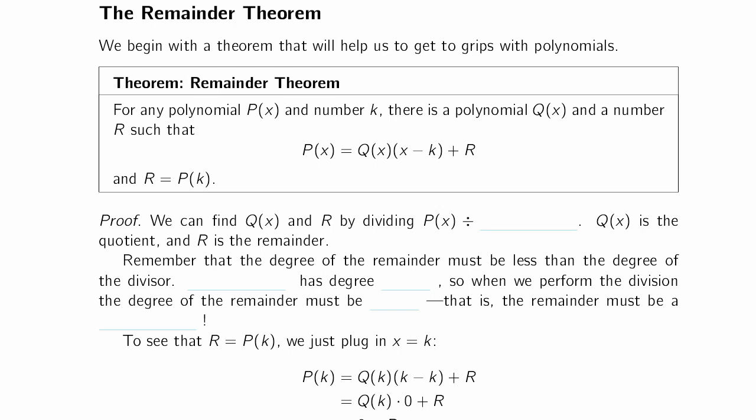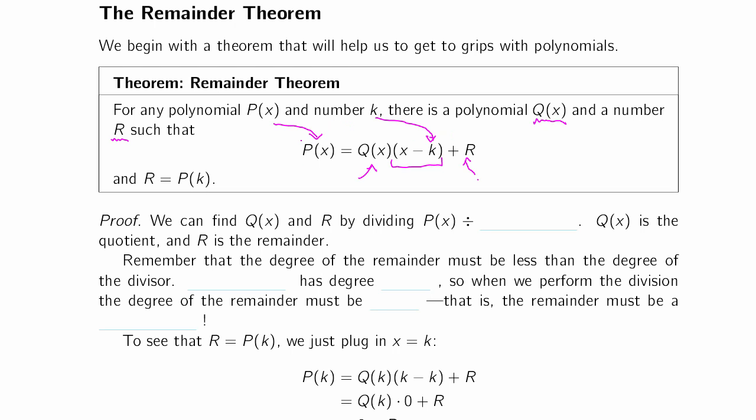This theorem says that for any polynomial and any number, we can find another polynomial, call it q, and another number, call it r, so that we can multiply the binomial x minus our number k by the polynomial we found, q, and add in the number r, and that gets us back p.